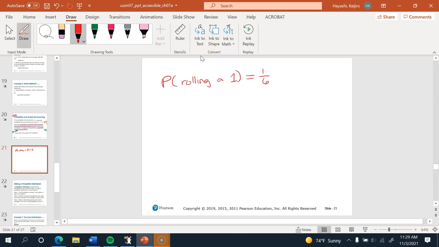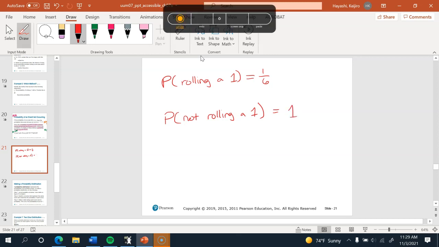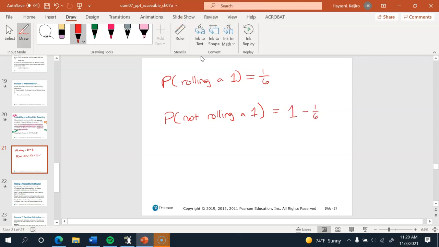It's 1 out of the 6 possible outcomes. So the probability of not rolling a 1 is going to be 1 minus 1/6, or 5/6, right? Because not rolling a 1 means you can roll any of the other 5 faces.